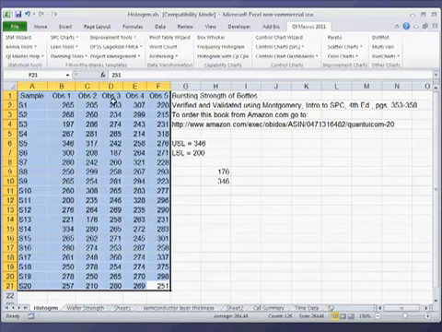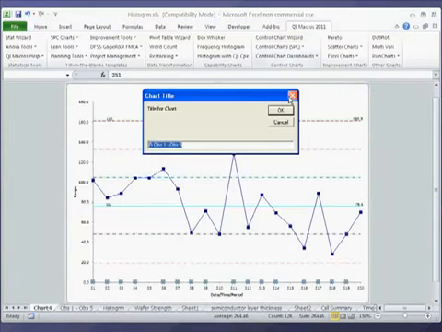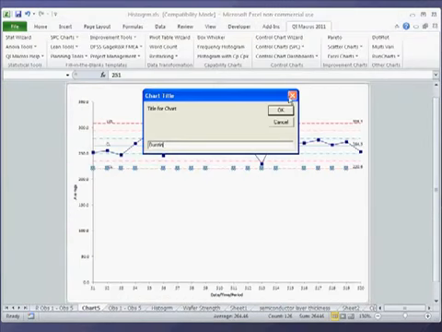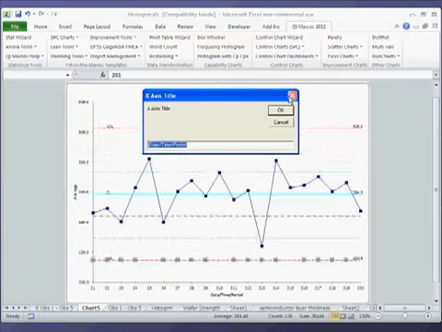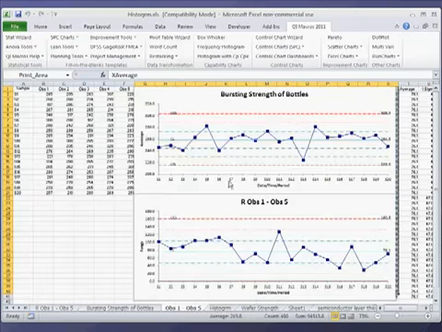Well, we could take this data with the QI Macros, just select it, click on the chart wizard, and it'll start prompting us. And so I'm going to just put in our bursting strength of bottles here.